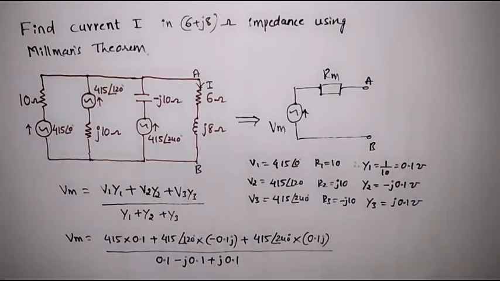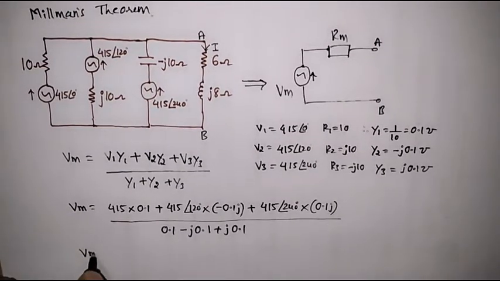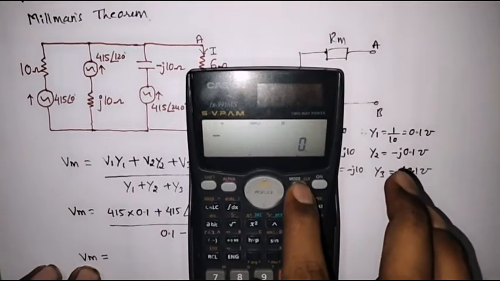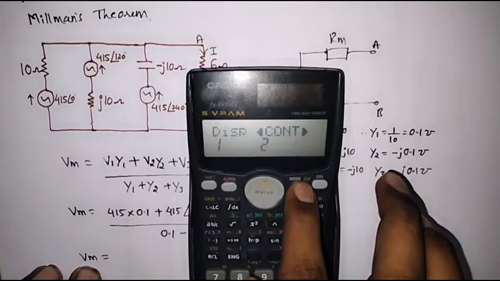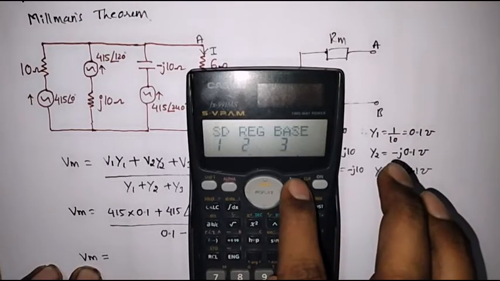Let's simplify this. Therefore, I can write Vm. So keep the calculator in complex mode and choose degree mode.